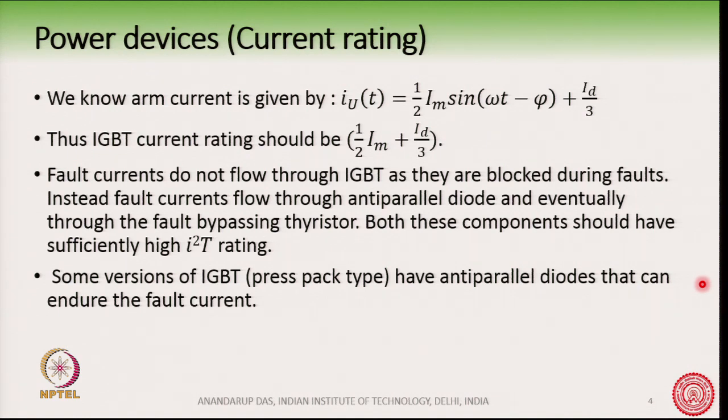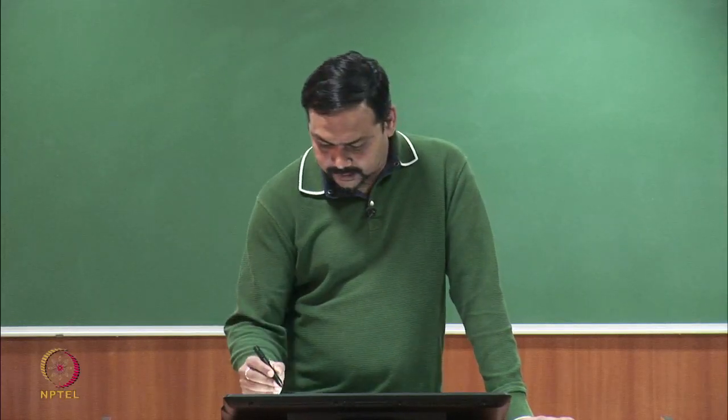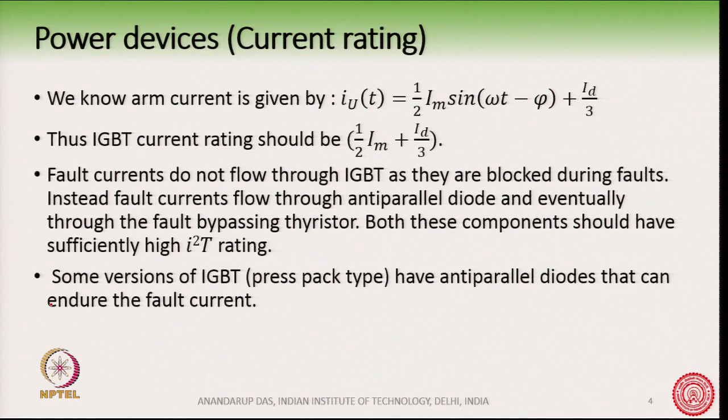So, why is this? Remember that when a fault happens, suppose the current was initially like this, and here a fault happens. The fault current can go very high, the first peak can go very high, and subsequently it will fall and come to a steady state.